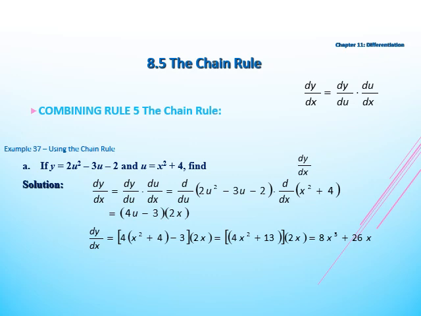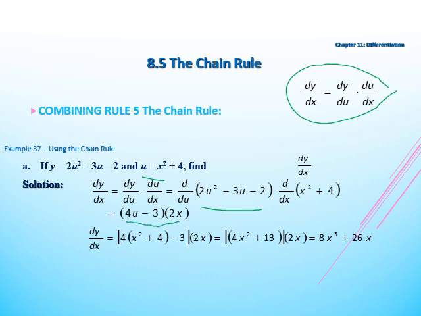Here, let's note that we first want to get dy over du, which is 6u squared minus 3, and then get du over dx, which is 2x, and applying the chain rule, dy over dx equals dy over du times du over dx.